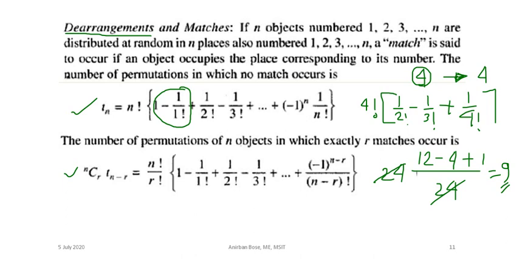I prefer that you remember these results. For 3, if you do it, what will be the result? You have to go up to 3, so this term will not be there, and it will be 3 minus 1, so 2. So for 3 it will be 2, for 4 it will be 9.